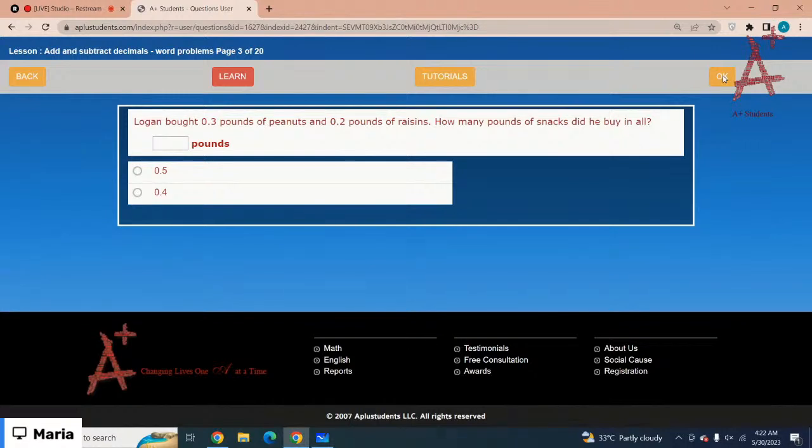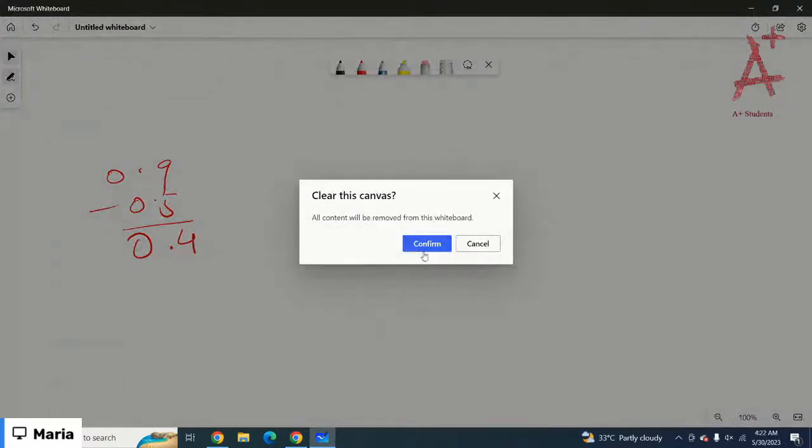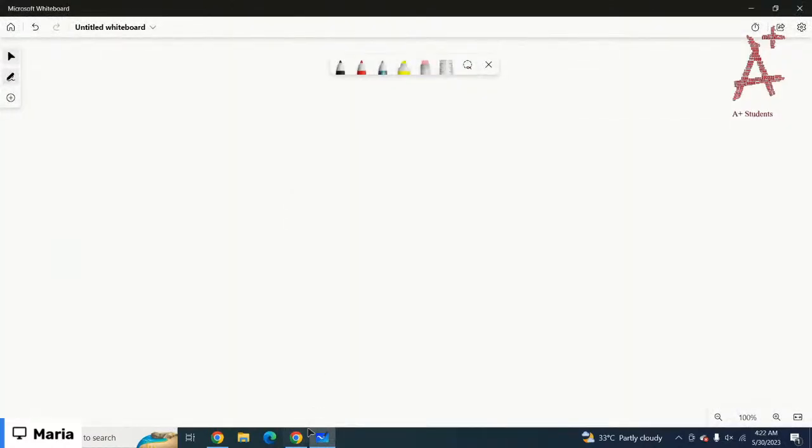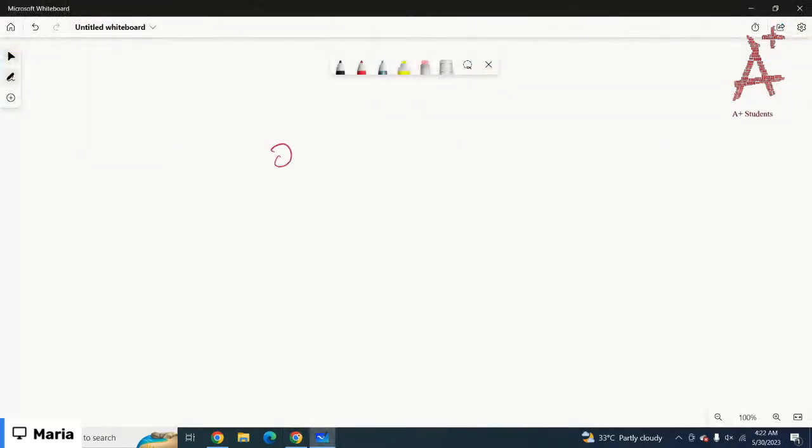You have to calculate the total snacks he bought, and whenever you have to calculate in all and total, that means you have to add them. Just add 3 plus 2 is 5 and that would be 0.5. Got it?